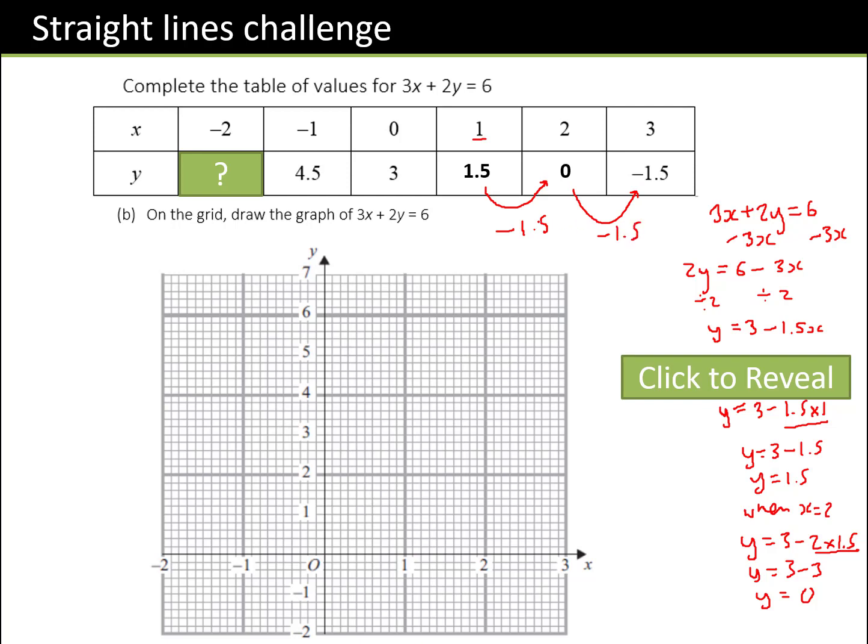I'd argue this is a grade 5 question, and that's because of the pattern of the minus 1.5x here. So if it's going minus 1.5 that way, you can see it's going plus 1.5. So you'll know that this answer is 6.